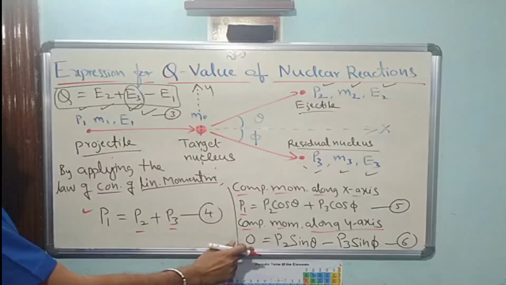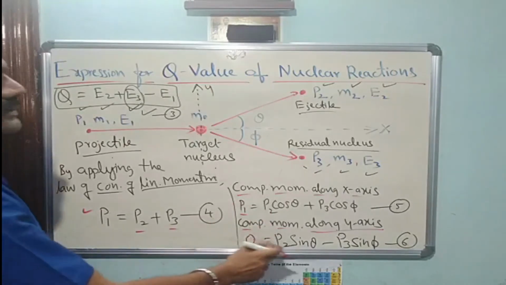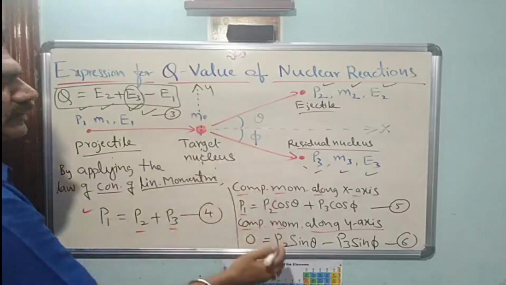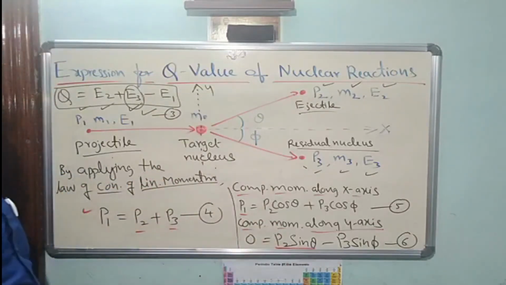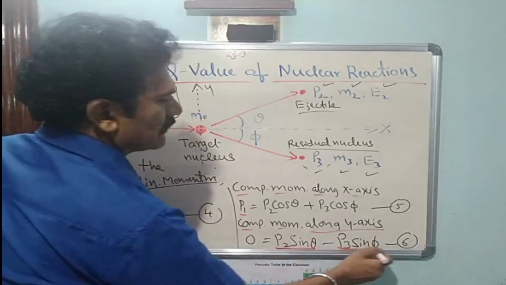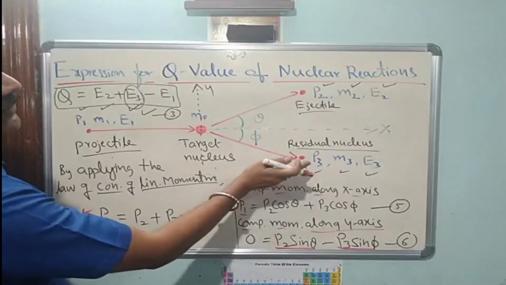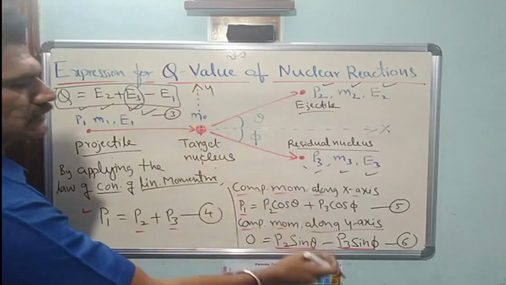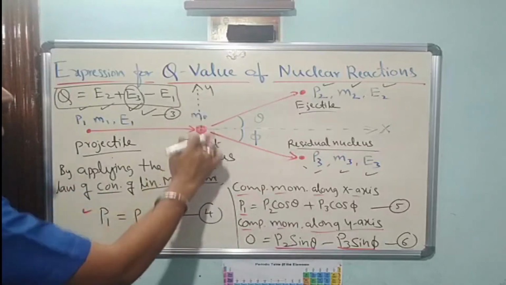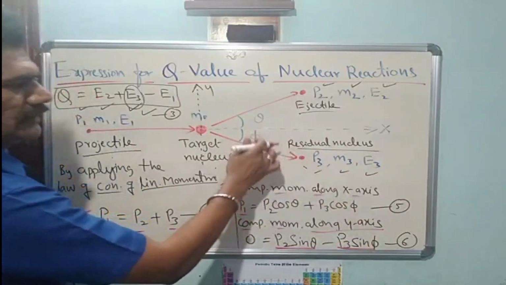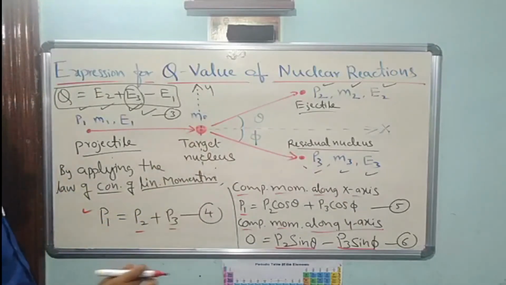That is equal to P2 sin theta, the component of P2 along the y-axis, minus P3 sin phi, the momentum of the residual nucleus resolved along the y-axis. With a negative sign, because it is opposite to the y-axis, so minus P3 sin phi, where the corresponding angle is phi. So like that we have equation 6.